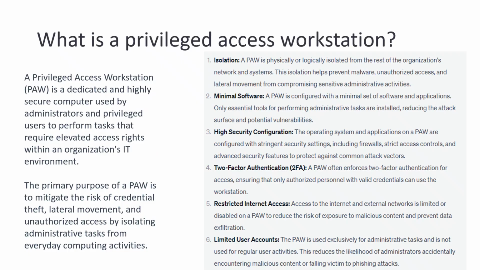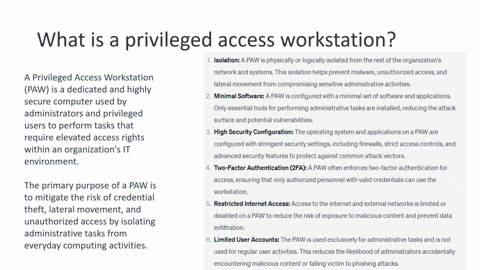So what is a privileged access workstation, or PAW? A PAW, or Privileged Access Workstation, is a dedicated and highly secure computer used by administrators and privileged users to perform tasks that require elevated access rights within an organization's IT environment. The primary purpose of a PAW is to mitigate the risk of credential theft, lateral movement, and unauthorized access by isolating administrative tasks from everyday computing activities.